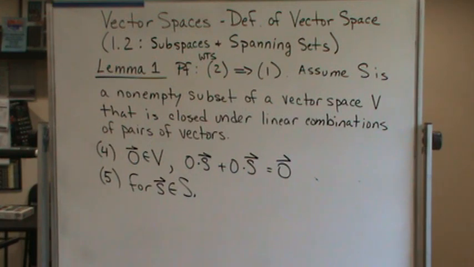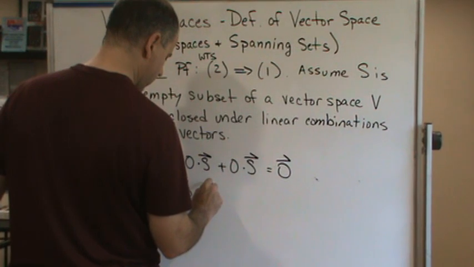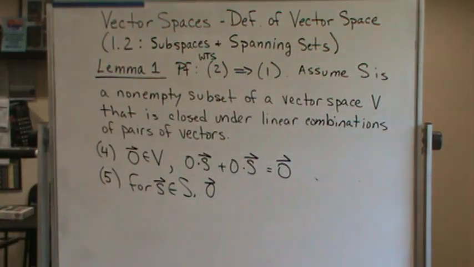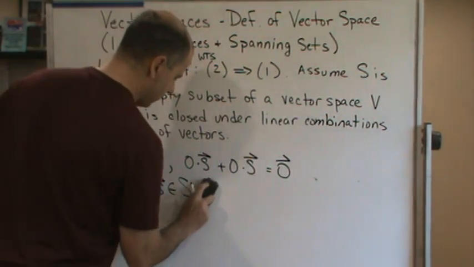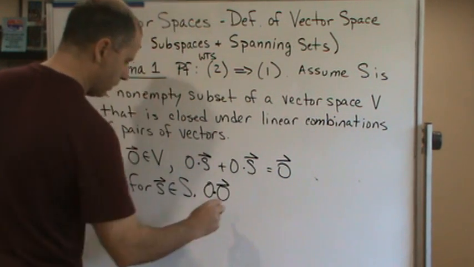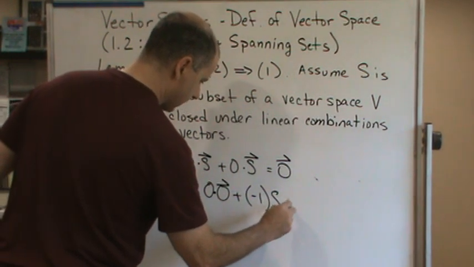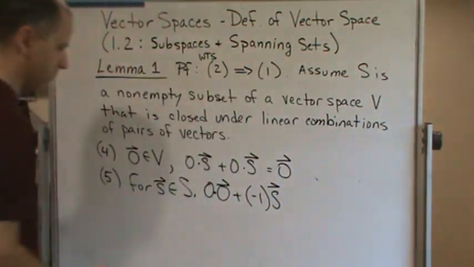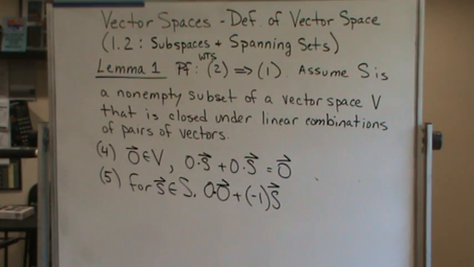If we take 0 times the zero vector plus -1 times the vector S, that linear combination is an element of S since S is closed under all linear combinations of pairs of vectors.